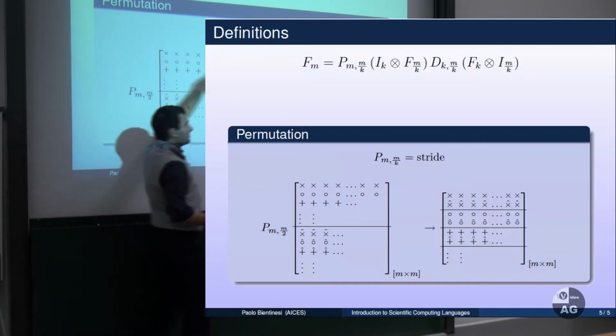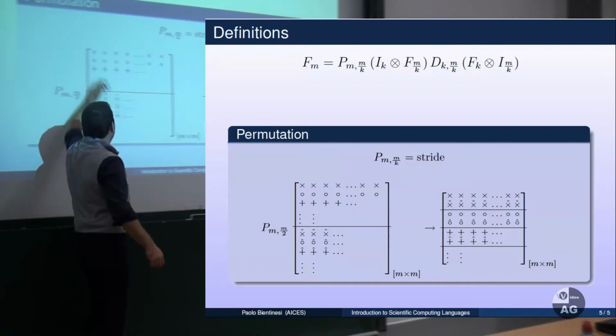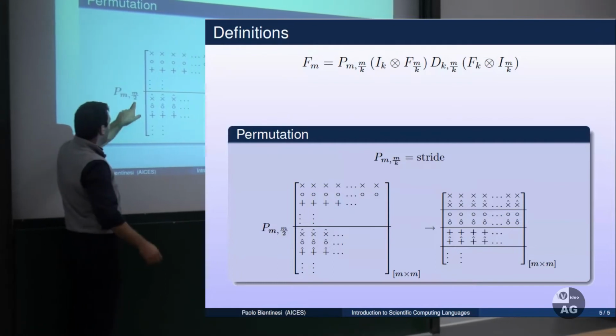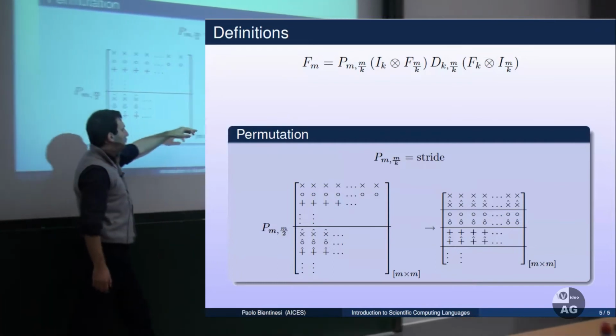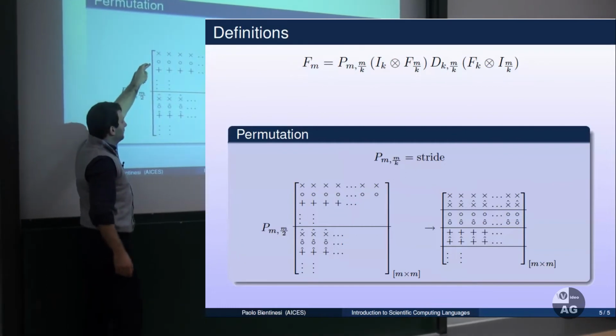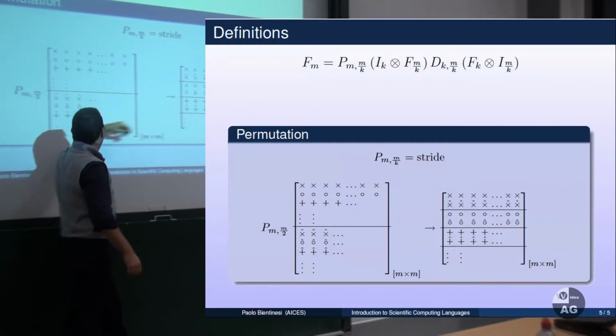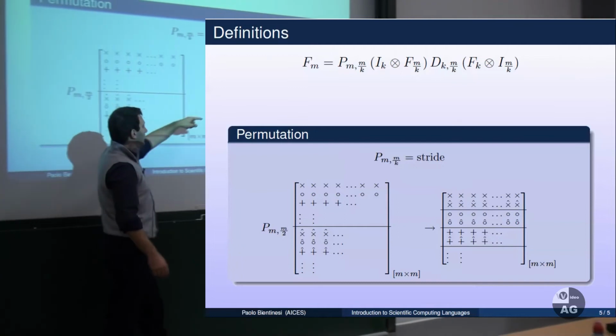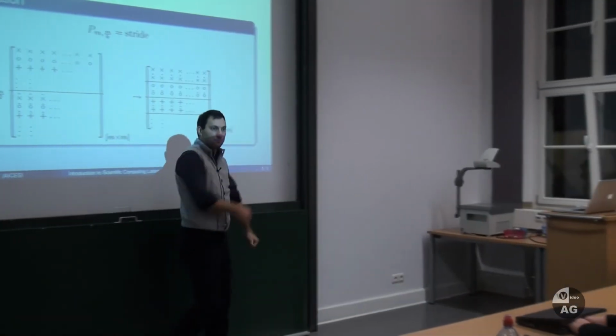So the first row stays where it is, then I take the next row that is m over 2 away, and I move it up there. Then I go to the next, I put it here, and then I take the other one, and so on. Okay?